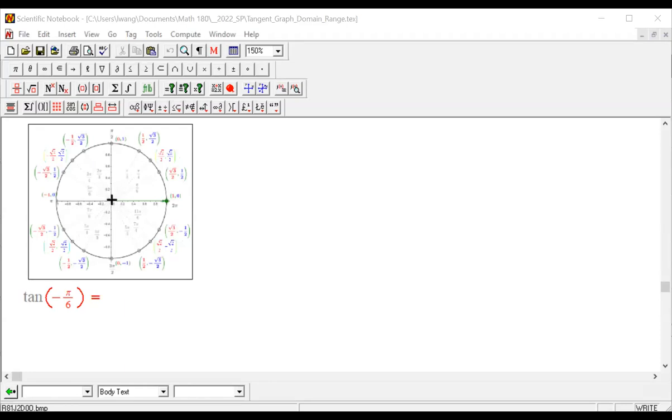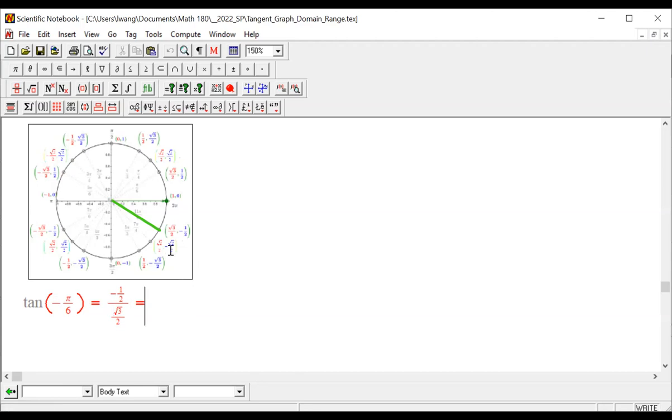we measure from standard position clockwise. There's a terminal side and there's a point on the terminal side waiting for us. Therefore, we can take the blue number, divide by the red number. The blue number is -1/2 and the red number is √3 over 2.